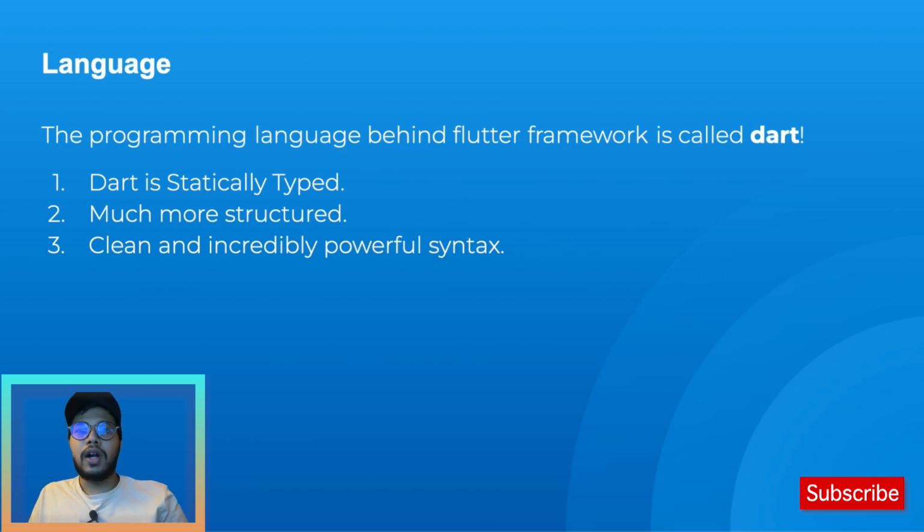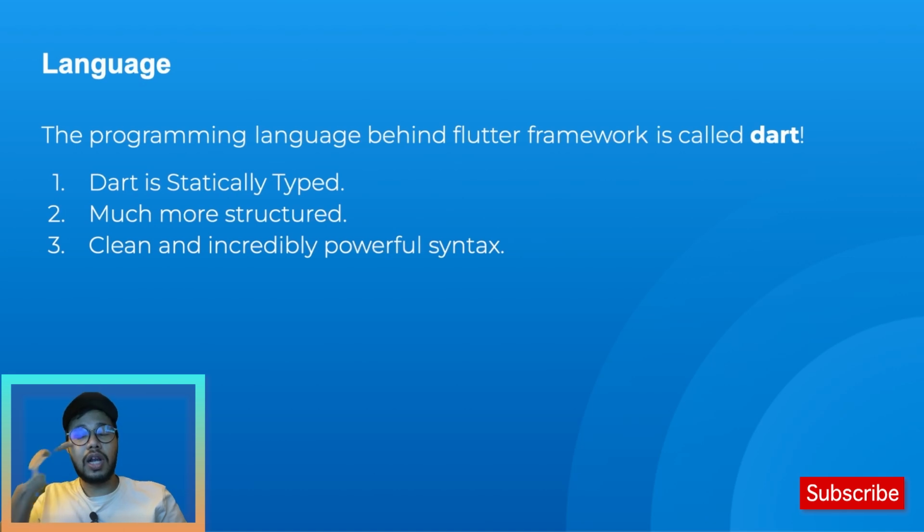But Dart also has another type called dynamic, and we can assign anything: strings, numbers, floats, like the decimal points, everything. So Dart is statically typed, but it also has a dynamic option so that you get the flexibility, right? And it's much more structured. Dart is an object-oriented programming language.